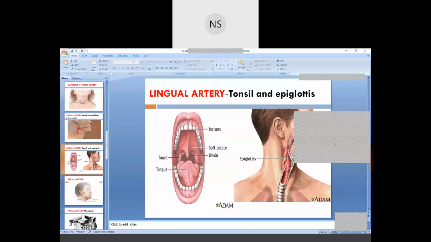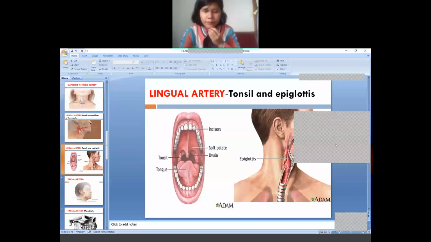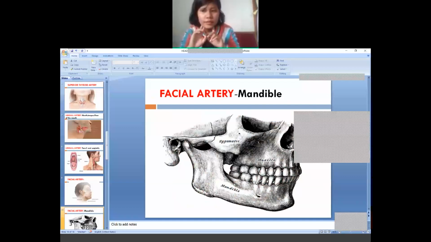Okay, can you tell me the facial artery, they supply blood to which area? It supplies the muscles of facial expression and also the structures in the mouth. Also over here, the mandible, means your jaw area, na?